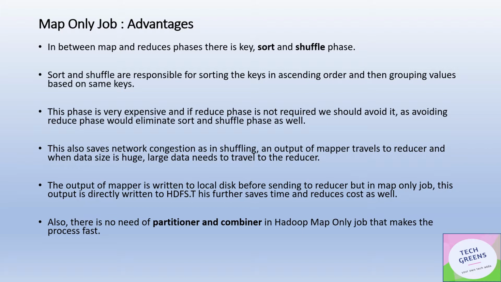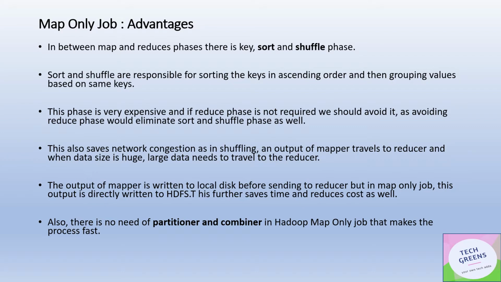So this whole process of sorting and shuffling is expensive as we are dealing with a huge amount of data. And now in case of map only jobs, if there is no reducer altogether, then these phases of sorting and shuffling are also not required. So by eliminating the reduce phase or the reducer, we have also eliminated sorting and shuffling.